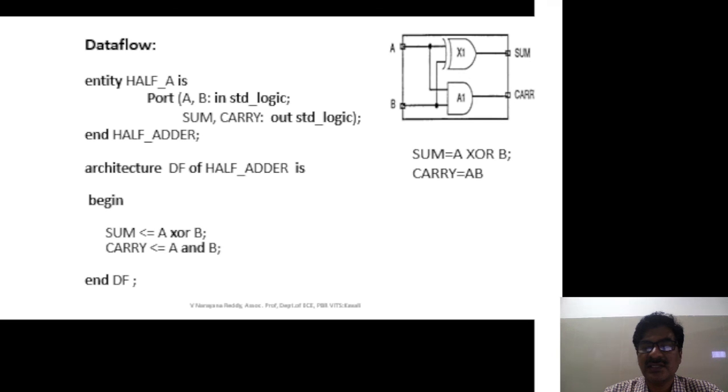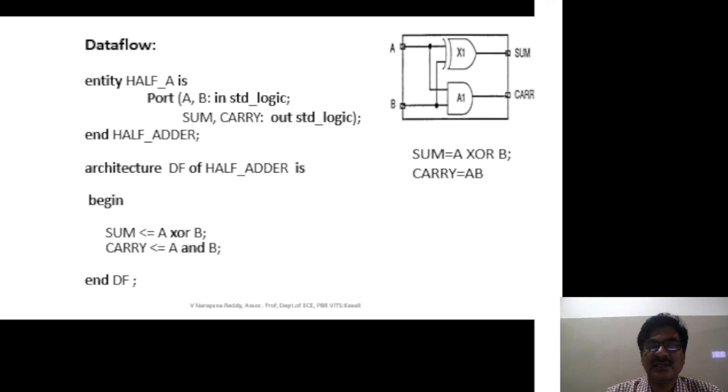Two statements are written here because there are two outputs in the half adder, one is sum and another is carry. The signal assignment statement for sum is sum less than equal a XOR b, whereas for carry it is a and b. Finally end df. What is df? That is the name of the architecture.